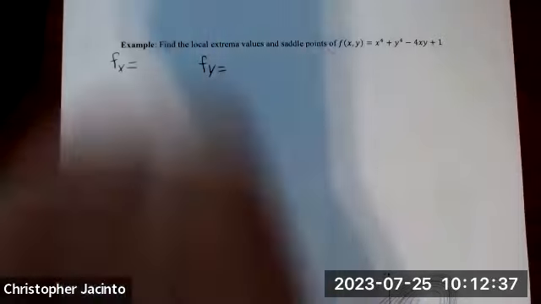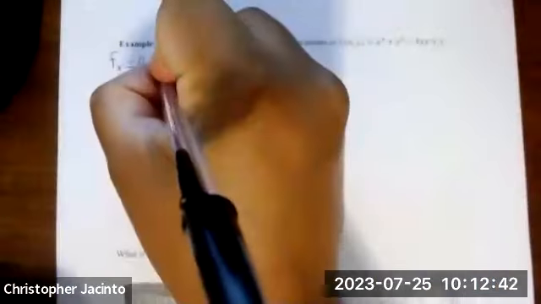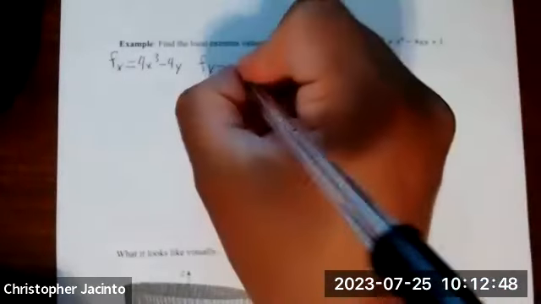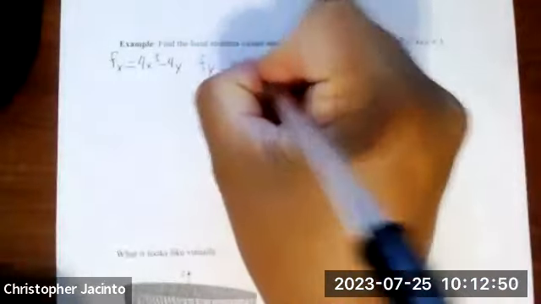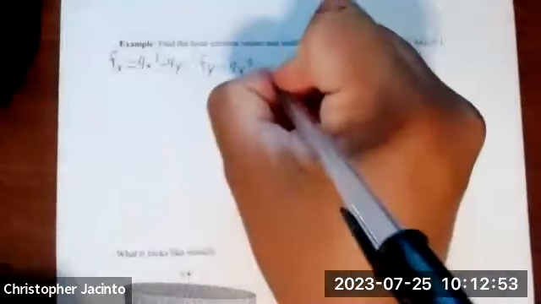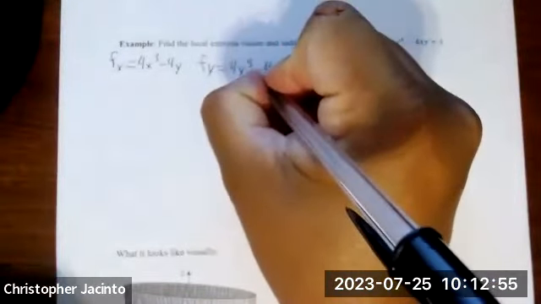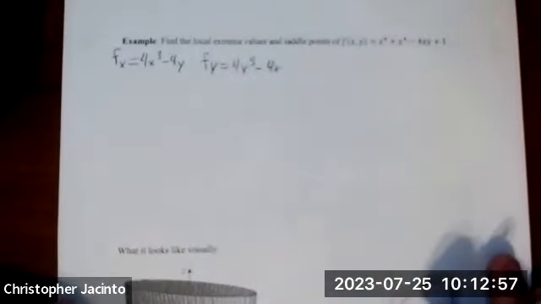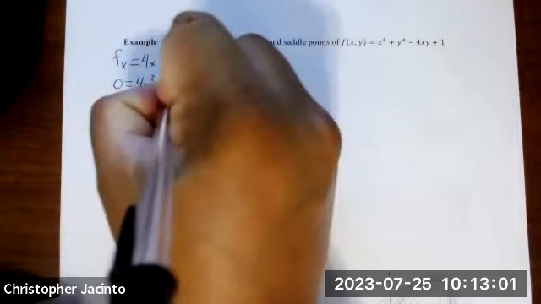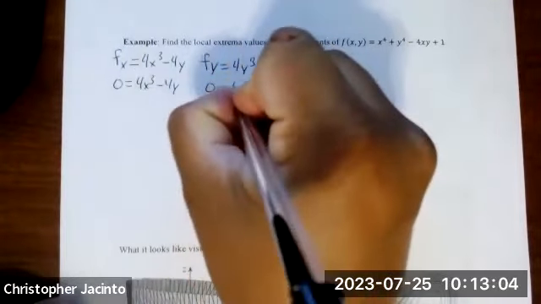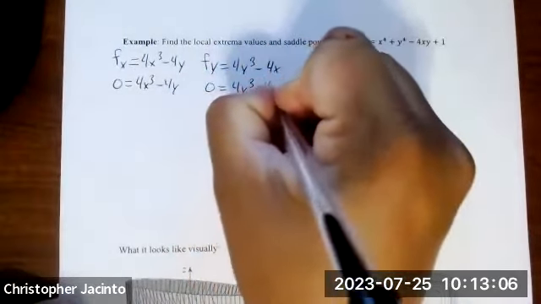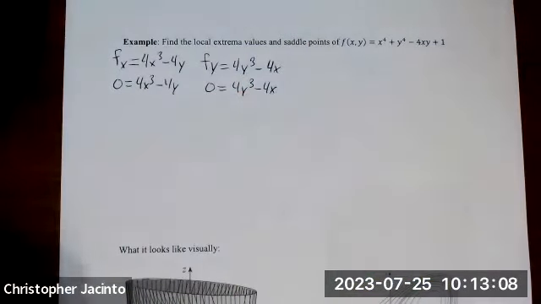So 4x to the third minus 4y. Take the derivative with respect to y, 4y to the third minus 4x. Okay, so now we set them equal to 0. And now we solve.